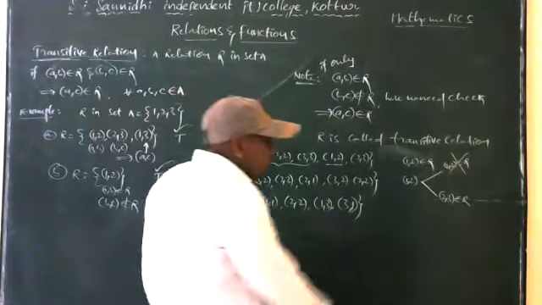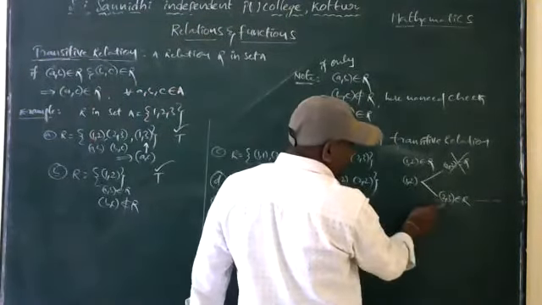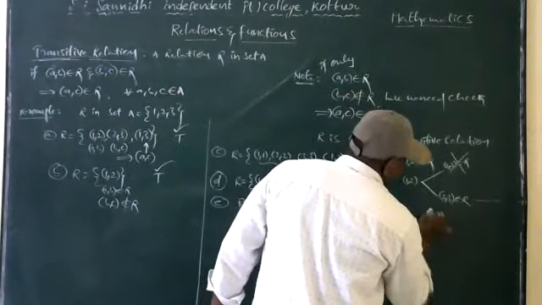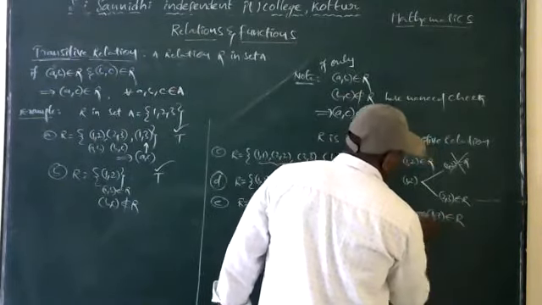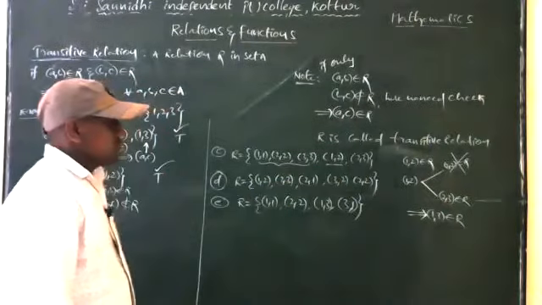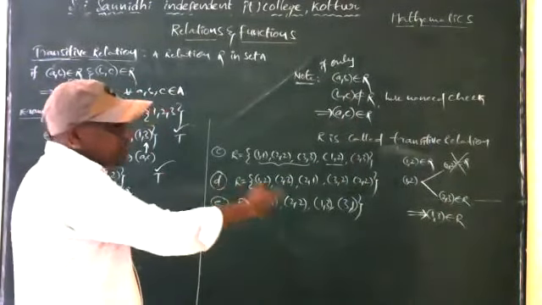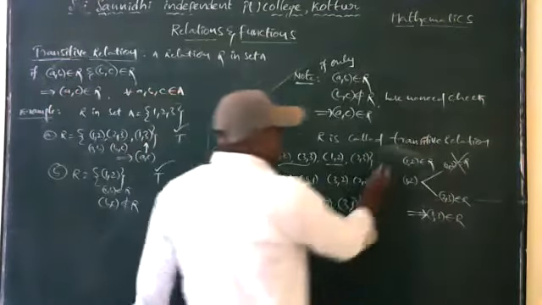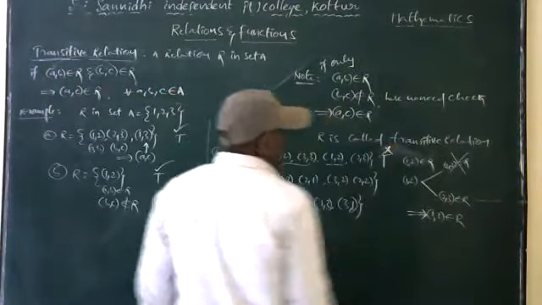Then you want to check this condition: 1 comma 2 and 2 comma 3 are there, then does 1 comma 3 belong to R or not? 1 comma 3 is not there, that's why it is not transitive. Clear?